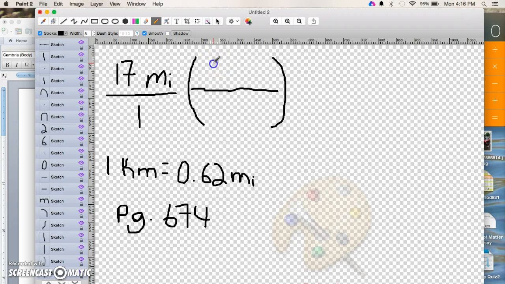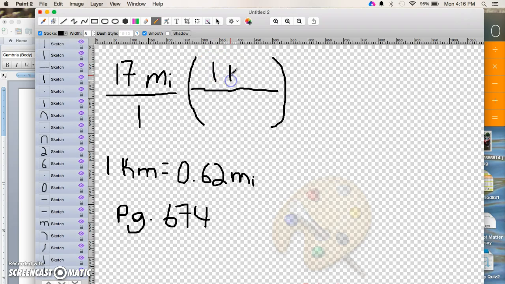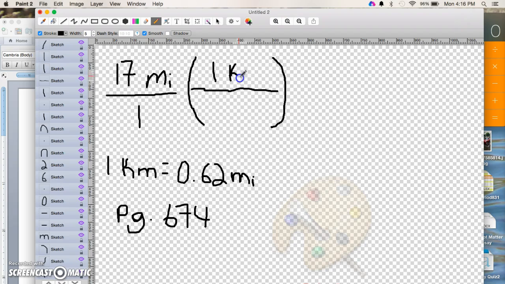So we're going to have 1 km over 0.62 miles.